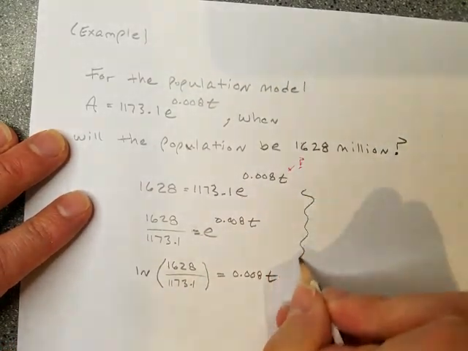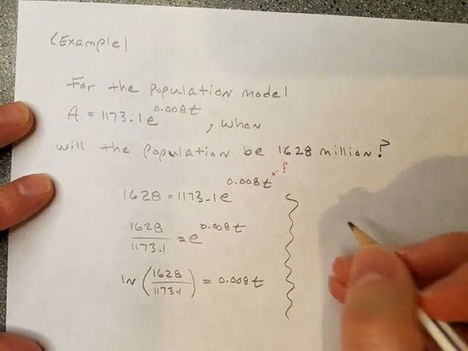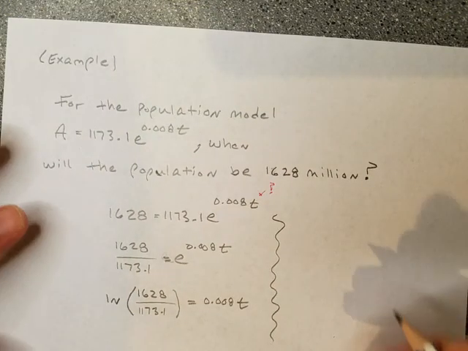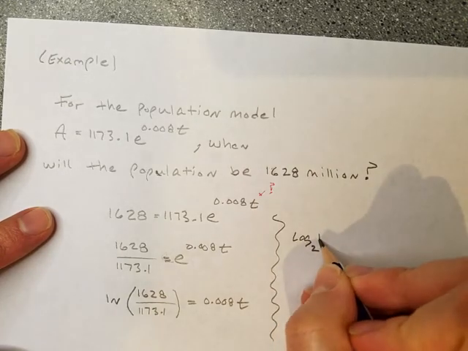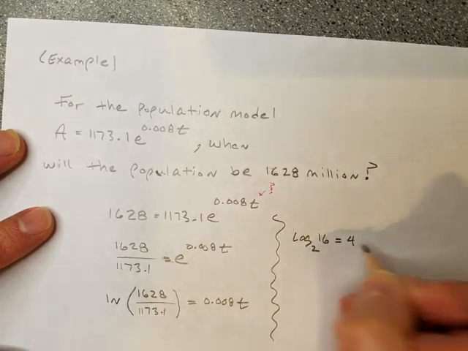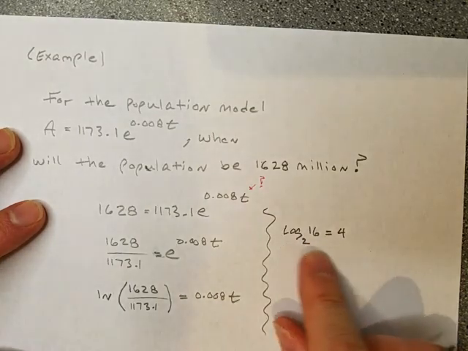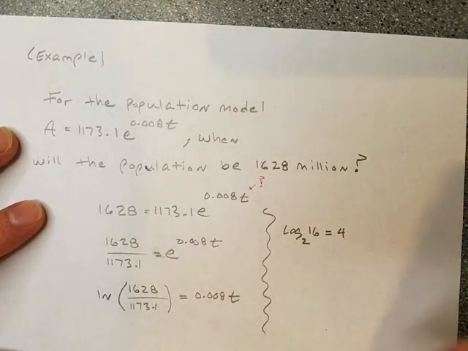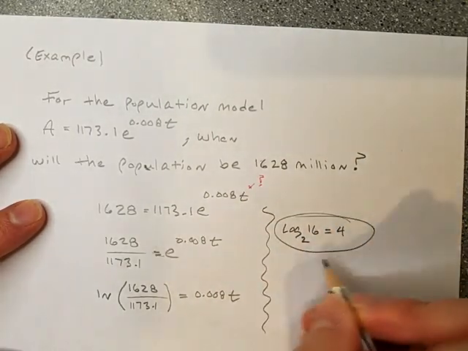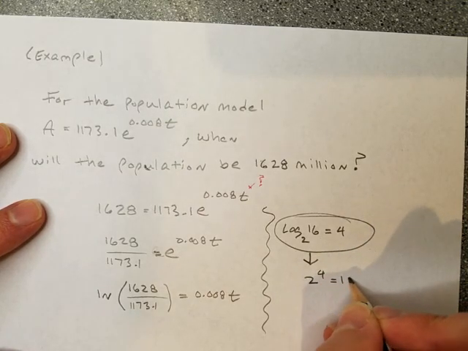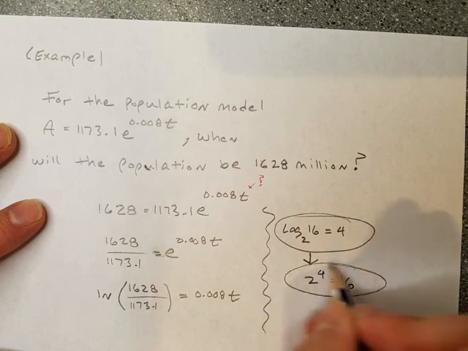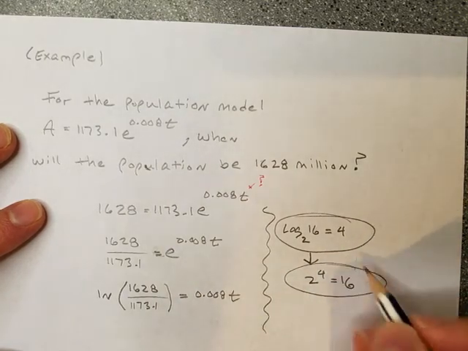The reason for that is the meaning of any logarithm. If I say log base 2 of 16 is equal to 4, the information given in this statement is that 2 to the 4th power is 16. That's true, but there are just different ways of saying it.